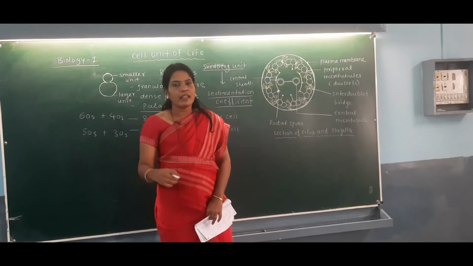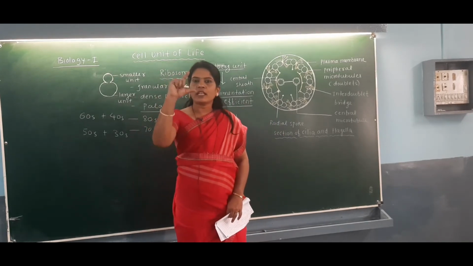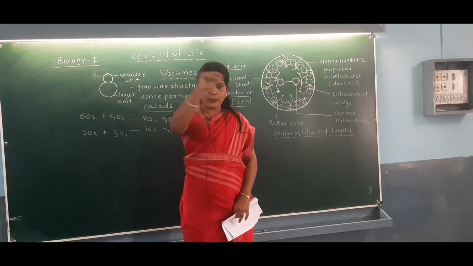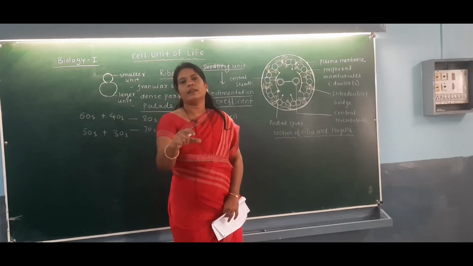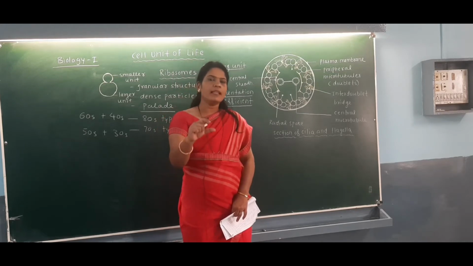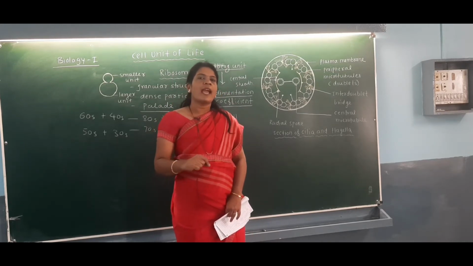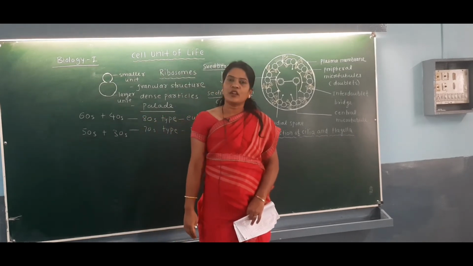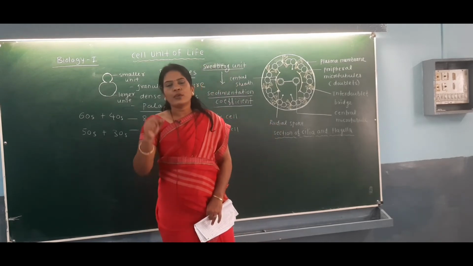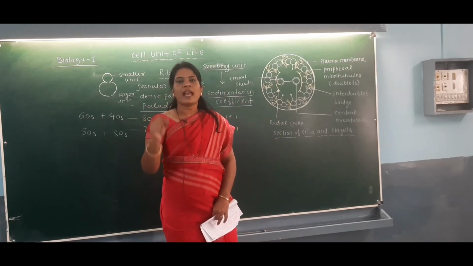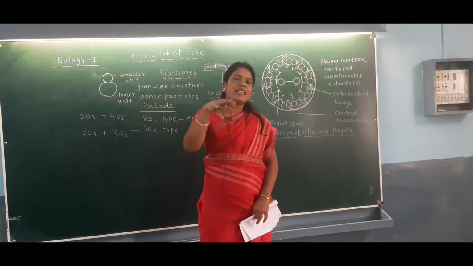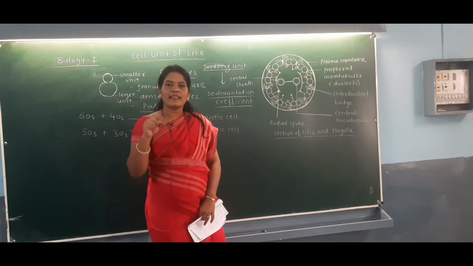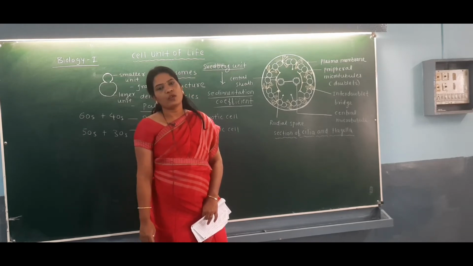Because what is meant by sedimentation? There is a tube-like structure. If we put the ribosome in that tube-like structure and move it at very high speed, that technique is called the centrifugation technique. At that time you can find that the particles or granules of the ribosome deposit as sediment at the bottom of that tube, and where in the tube they sediment is called the sedimentation coefficient.